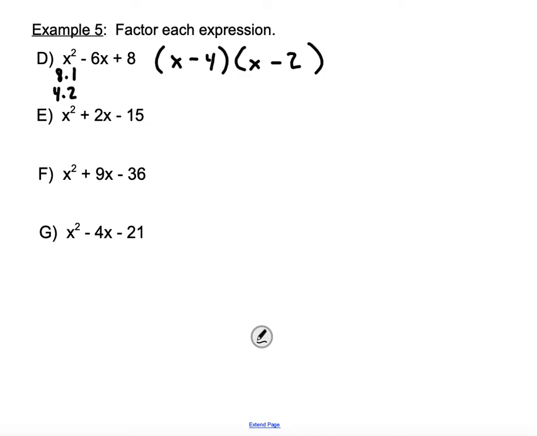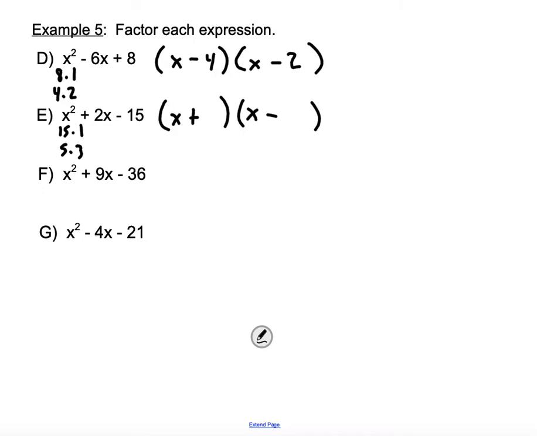All right, let's try letter E here. What multiplies to give me a negative 15 and adds to give me a positive 2? So in order to multiply to give you a negative 15, one's going to have to be a positive, one's going to have to be a negative. If you think about it, you only have 15 and 1 or 5 and 3.